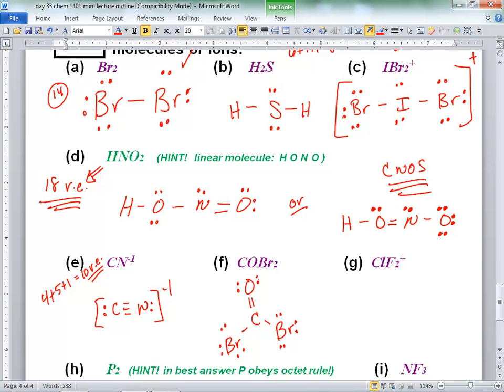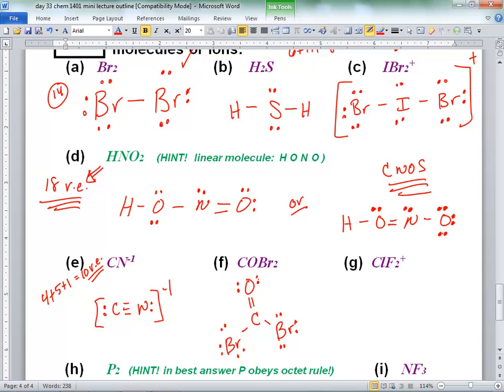Ta-da! Whoa, you can't do double bonds with chlorine and F. Why? CNOS. There better not be any double bonds in that molecule. No, because CNOS. Do you have enough to do that?